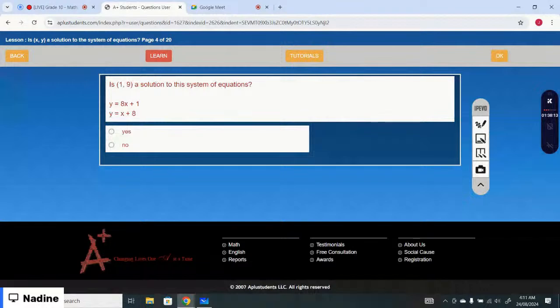So which is the correct option? 1 and 9.